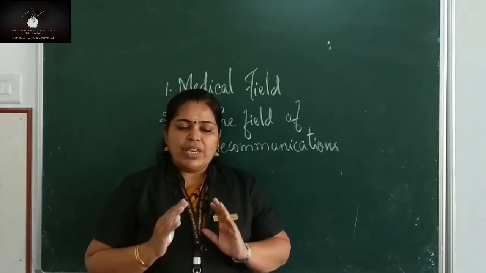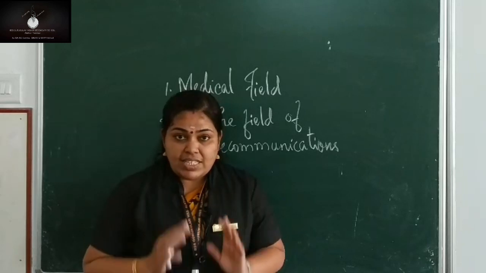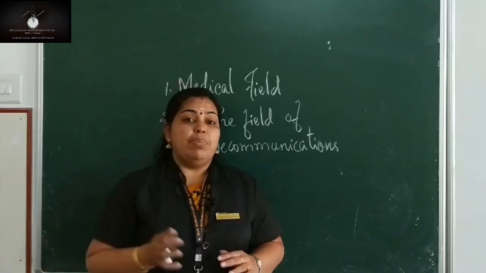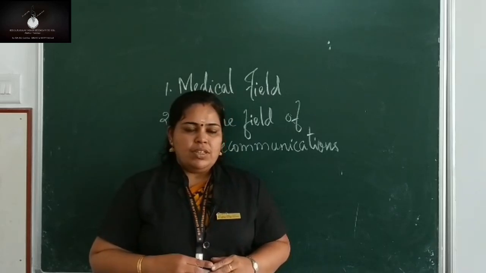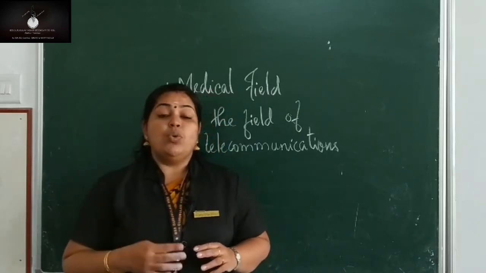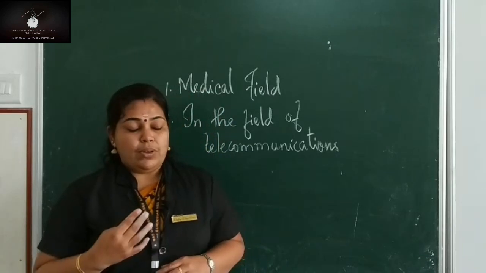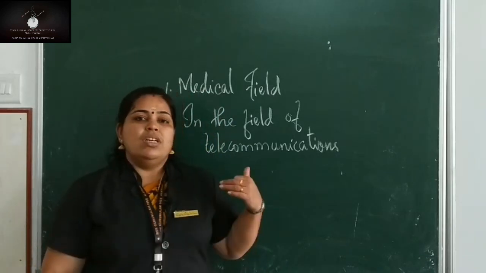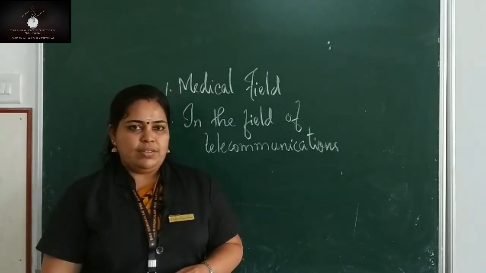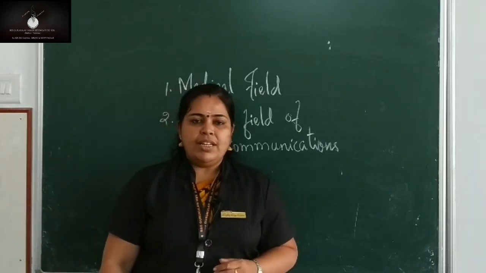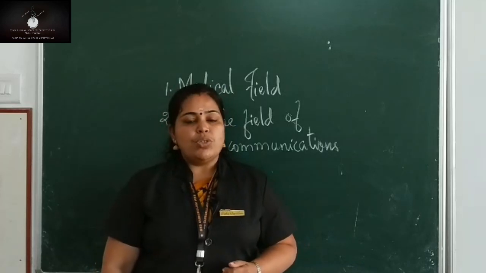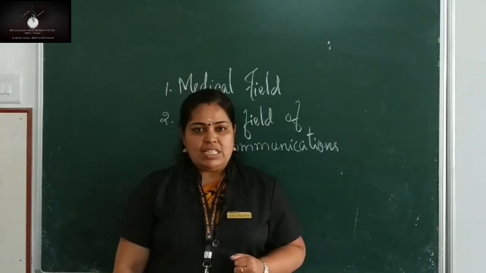So we can send the signals to distant places without losing intensity. Find out more uses of total internal reflection and note them down in your file. Clear? Next, we will move on to the next topic, lenses.